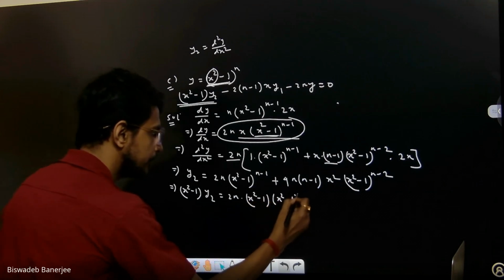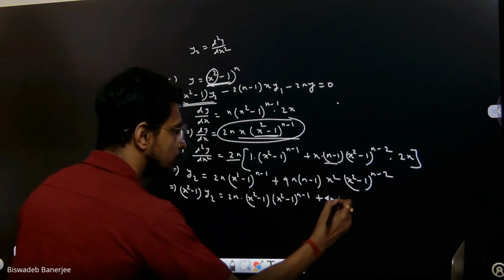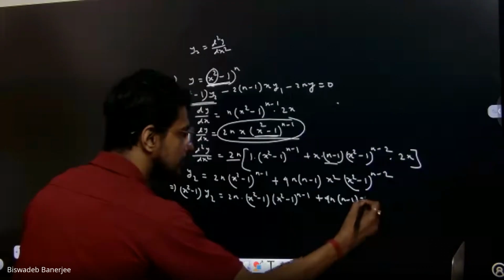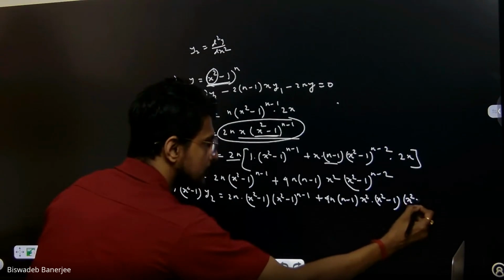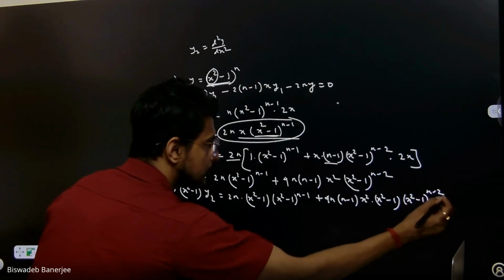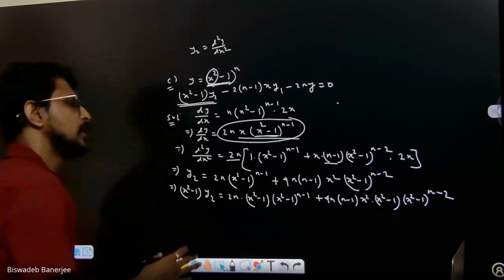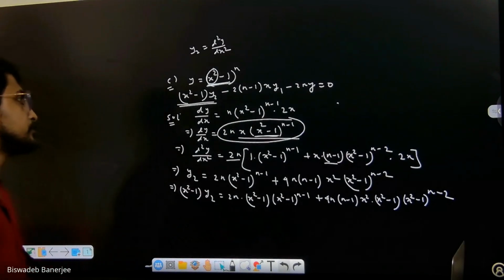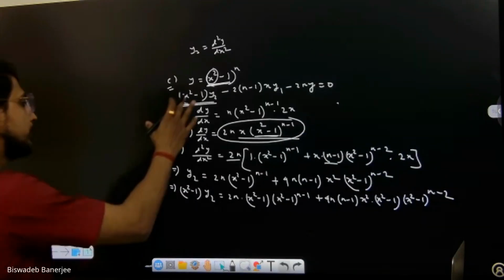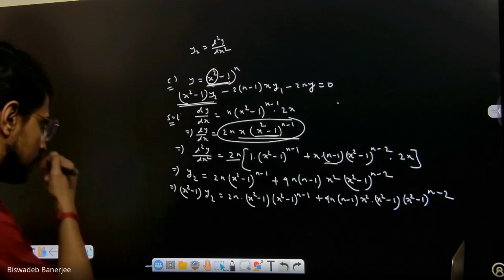So there is my x square minus 1 into y2.